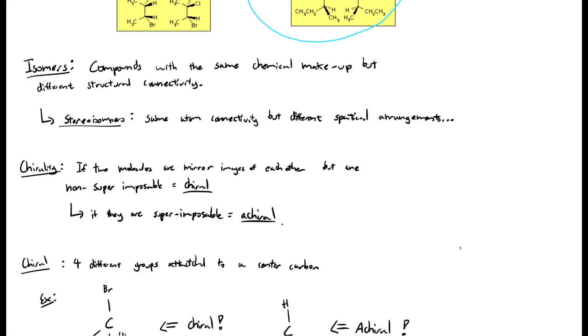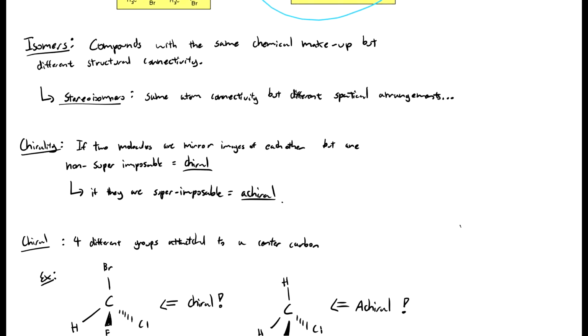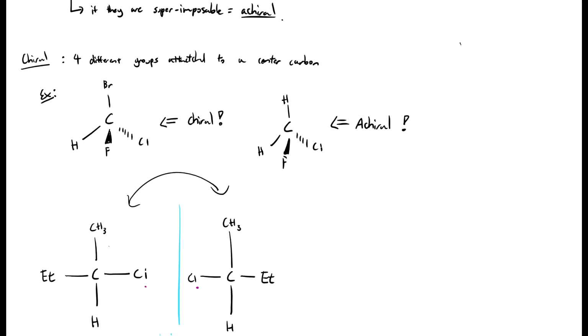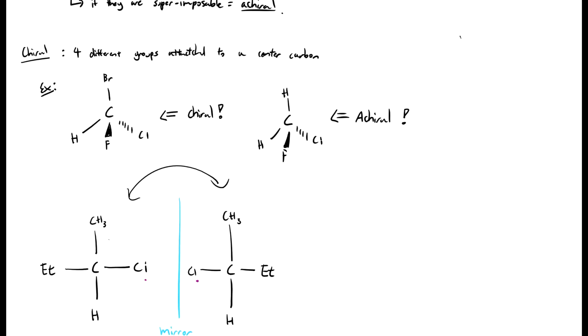Again, if 2 molecules are mirror images of each other and non-superimposable, they are chiral. If they are superimposable, meaning that you can shift them around in space, rotate the whole carbon compound itself, and it can be the same, then they're achiral. So again, 4 different groups attached to a center carbon.